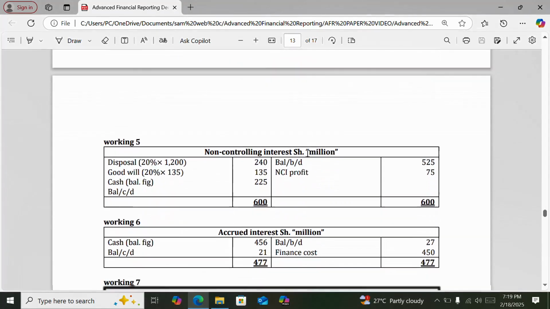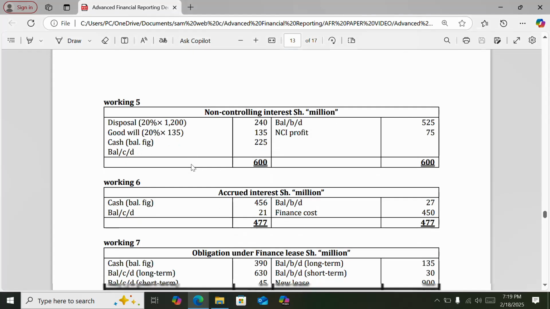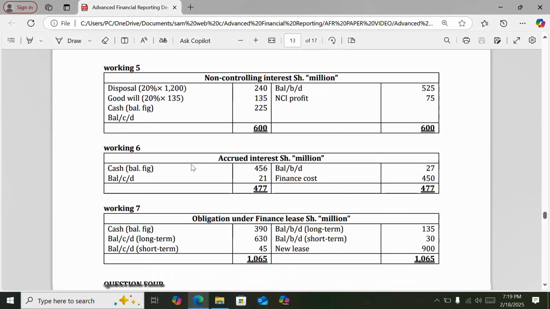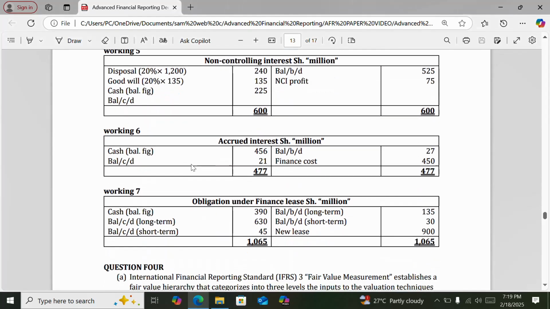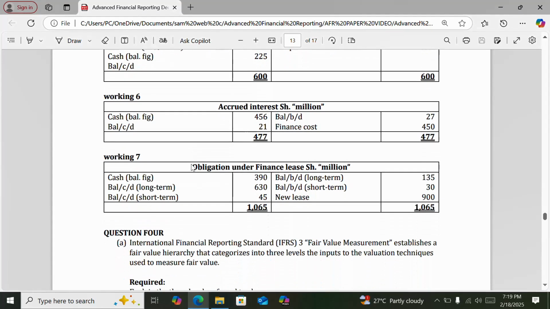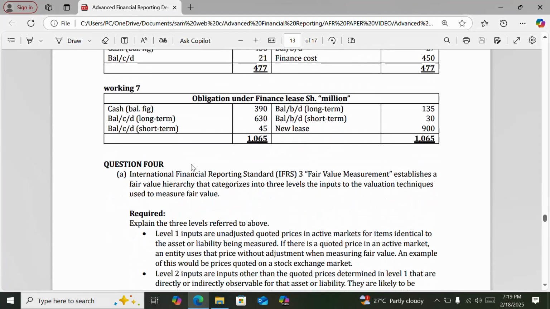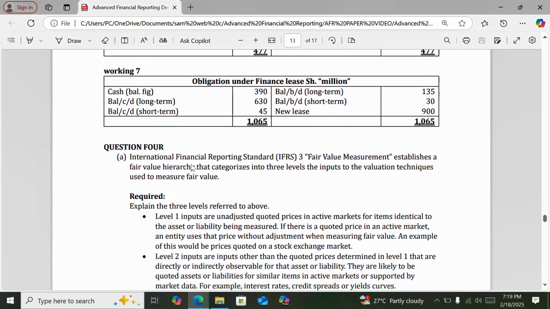Working 5, non-controlling interest. So here you are determining the cash dividend paid to non-controlling interest. Then working 6 and working 7. Working 7, you are determining the cash paid under the finance lease.